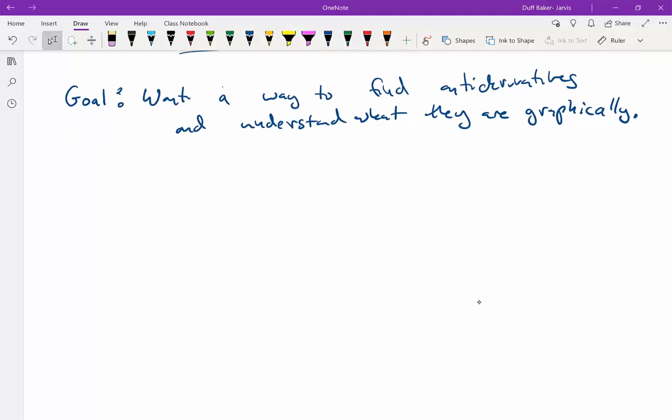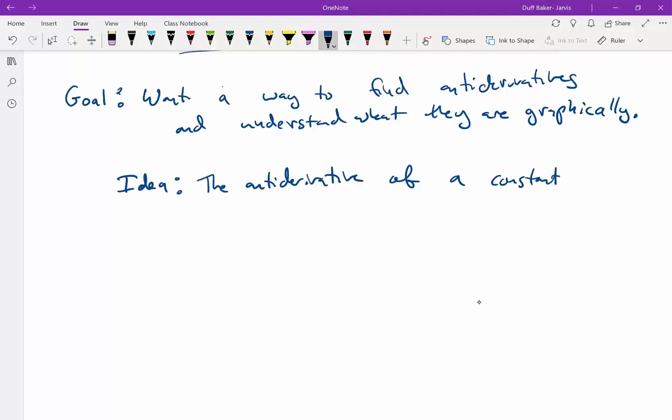So the first idea we need to remember, because we're trying to create an antiderivative, is that the simplest function you could take the antiderivative of would be a constant function. h of x is equal to some constant c.